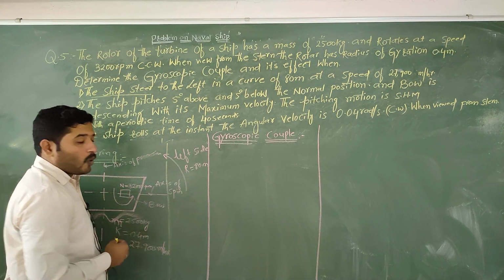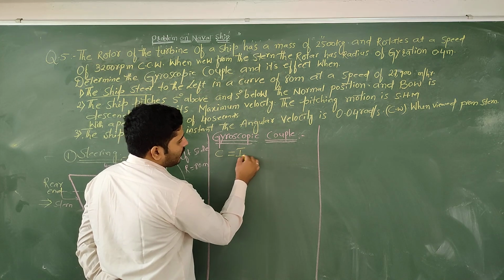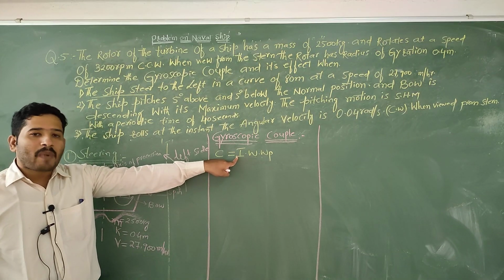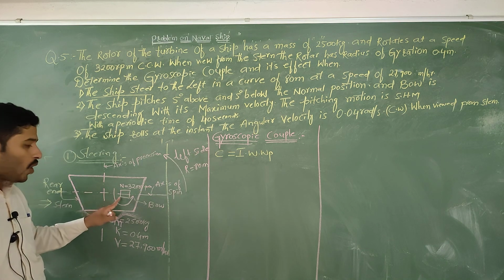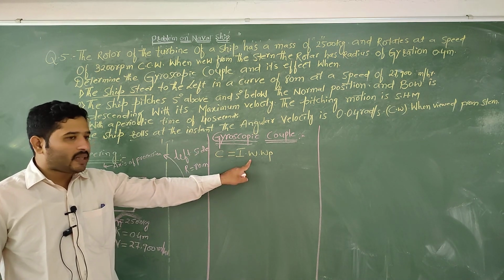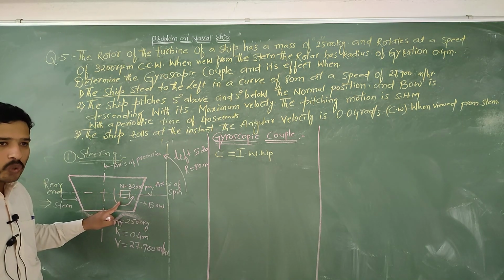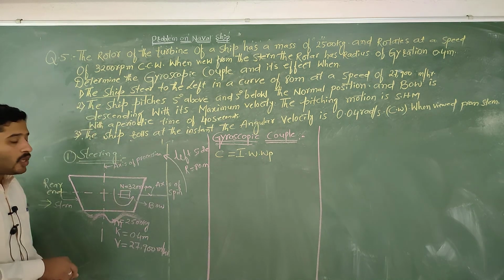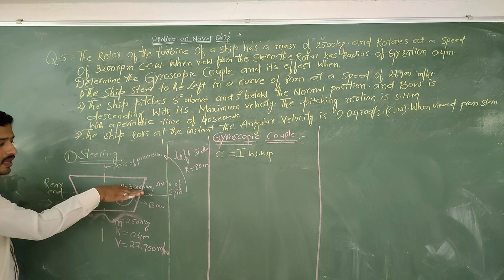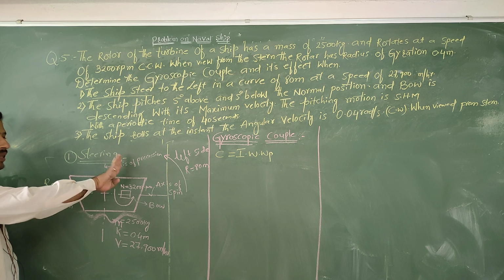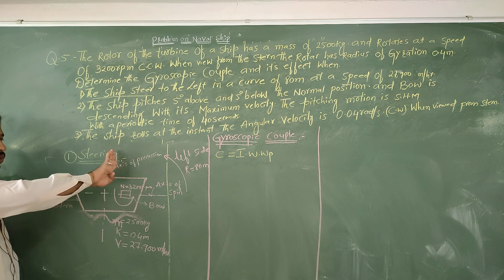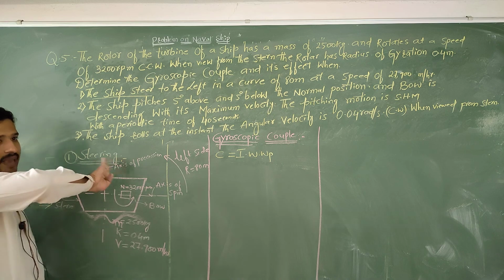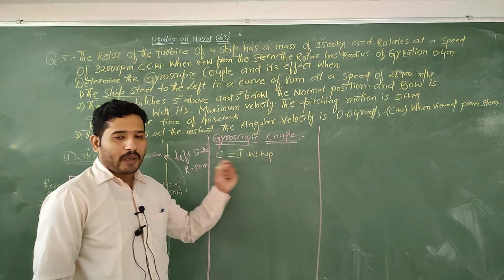The formula is C equal to I into omega into omega P, where I is the mass moment of inertia of the rotor, omega is the angular velocity of the rotor, and omega P is the angular velocity of precession. The ship is turning from the axis of spin toward the axis of precession, to the left.